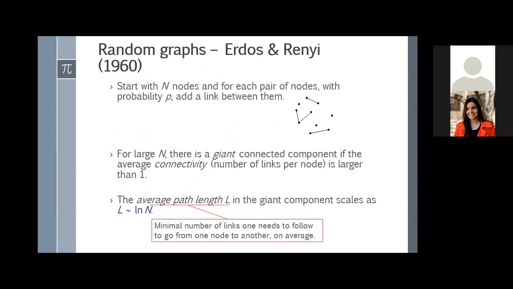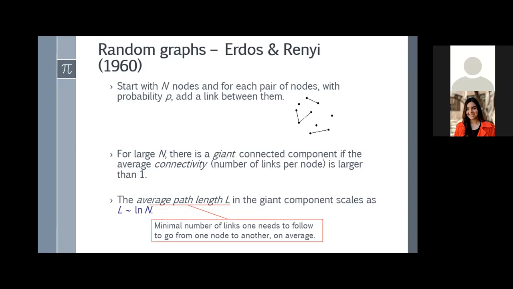People were studying the connectivity properties of this giant component. They learned that in this giant component, since everything is connected, I can measure distances, the number of hops between any pair of points.